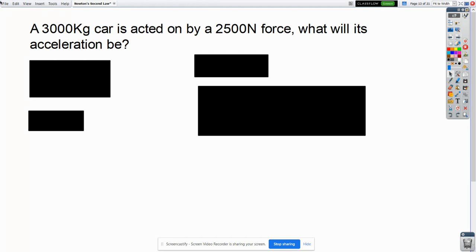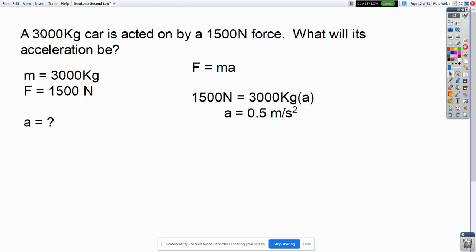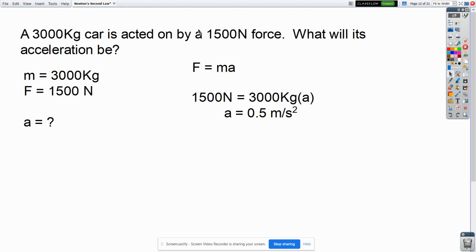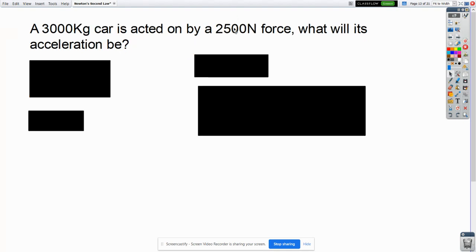Now, same 3,000 kilogram car that we had in the previous question, but instead of applying a 1,500 newton force, we'll apply a 2,500 newton force and see what happens.